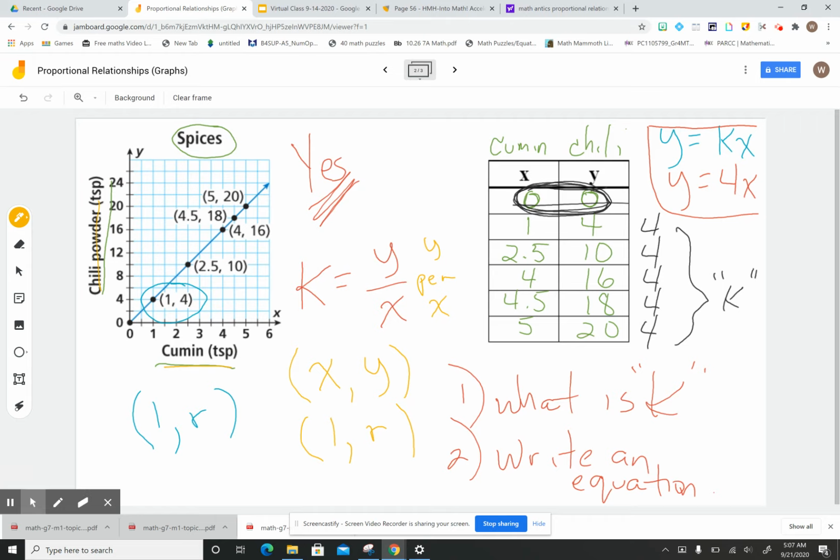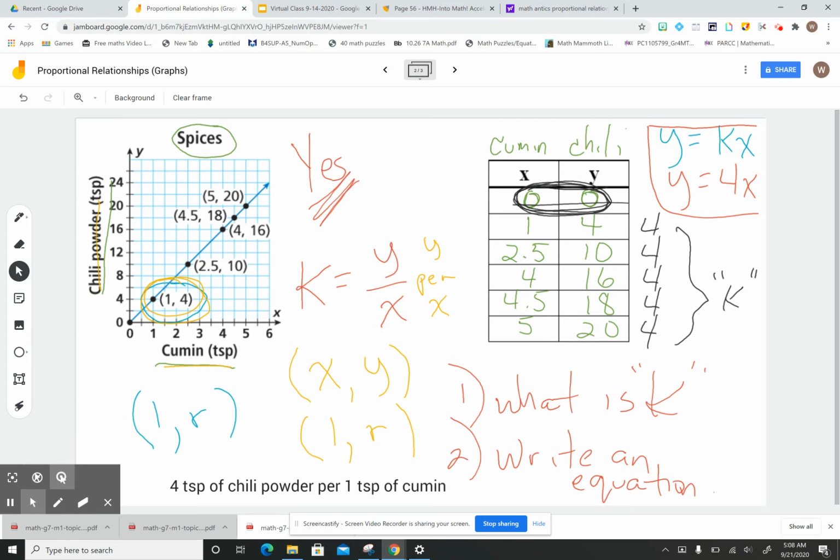So, in context, based on the graph and what we know about rates and unit rates, it's y per x, so chili powder per cumin. We would write it as 4 teaspoons of chili powder per 1 teaspoon of cumin. That's how we would describe our rate, in this case, our unit rate.